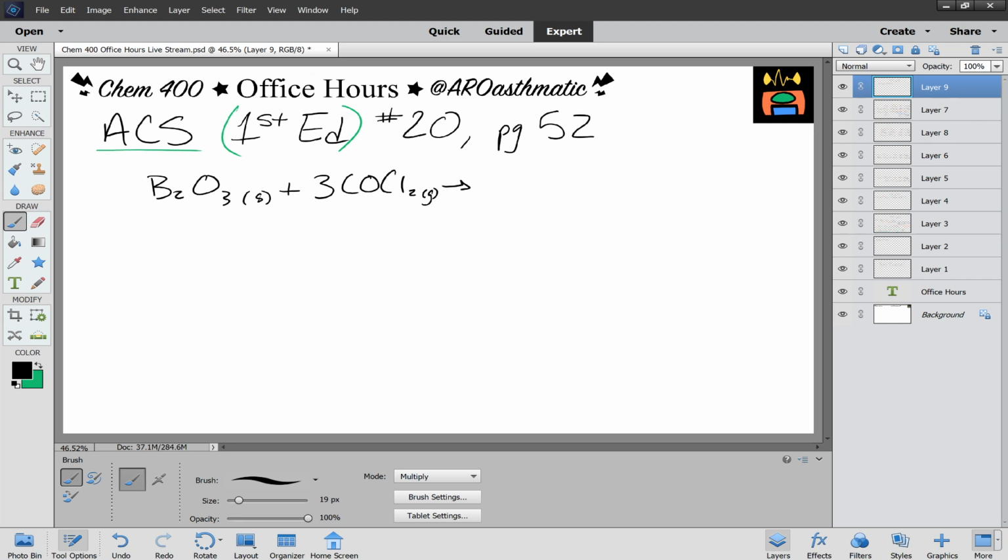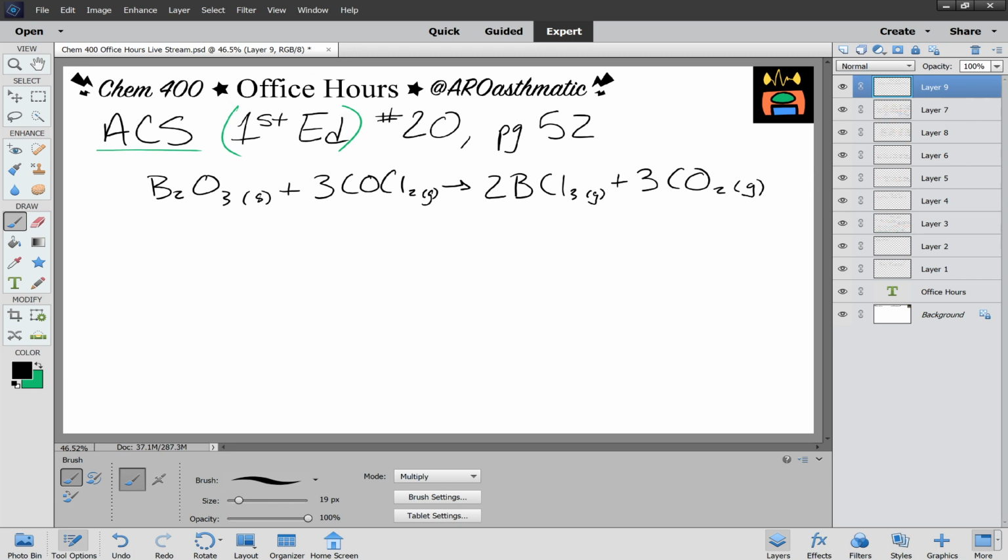And it produces 2 molecules of boron trichloride, also a gas, and 3 molecules of carbon dioxide gas.